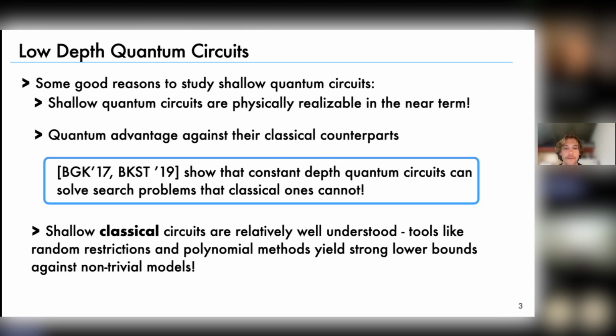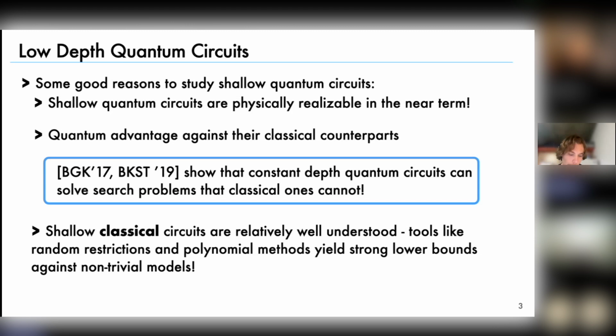A lot of really nice techniques were developed, including random restrictions and polynomial methods, some very beautiful mathematics to deal with these increasingly powerful constant depth circuit models.